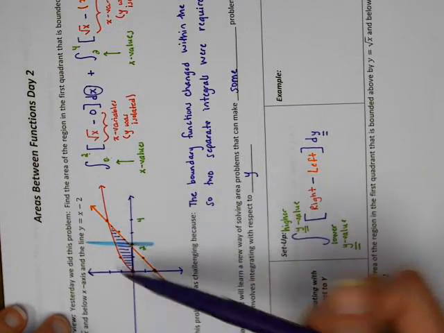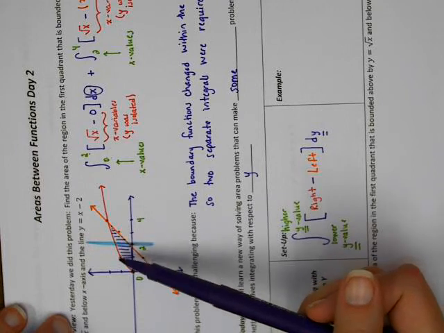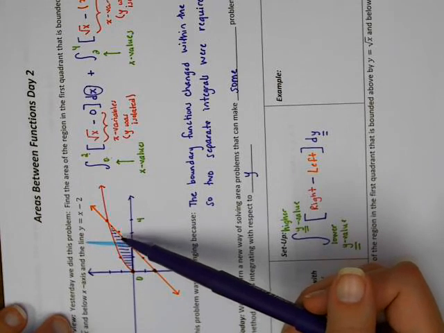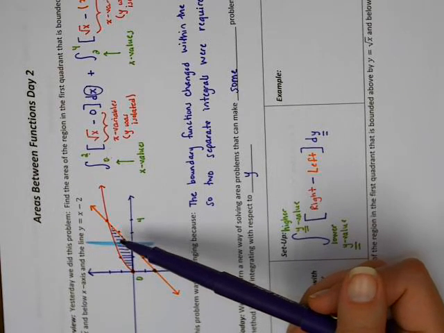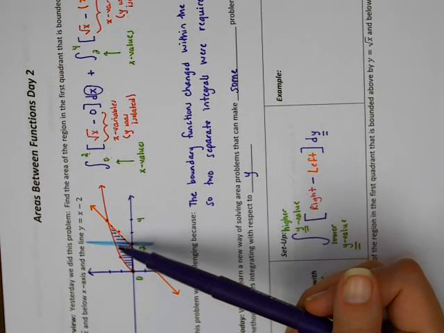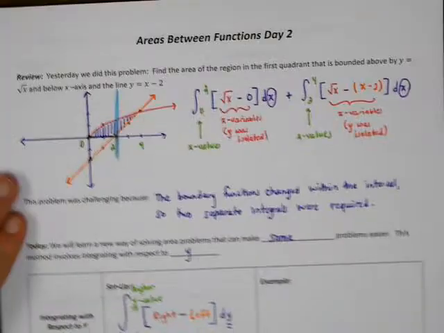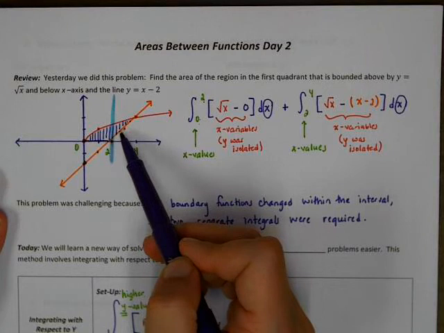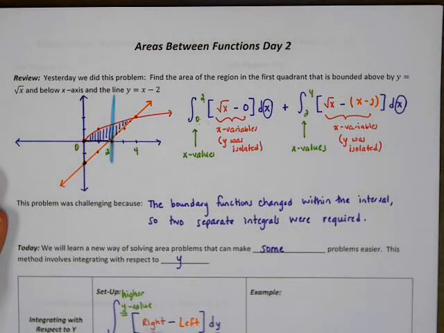If I look at the top and the bottom now, the orange function is always the top of the rotated version of this picture, and the red function is always the bottom. Now, going back to how we draw a graph, that becomes the right function minus the left function, which is why we do right minus left here.